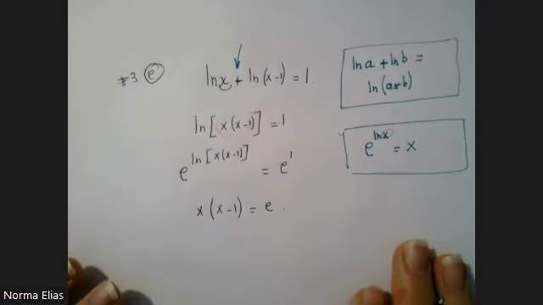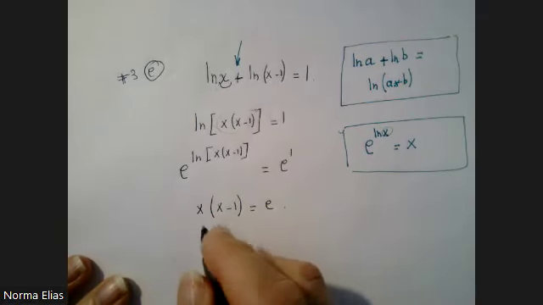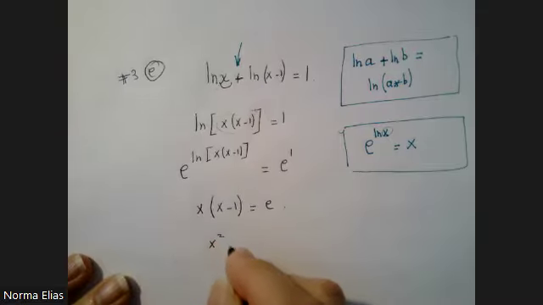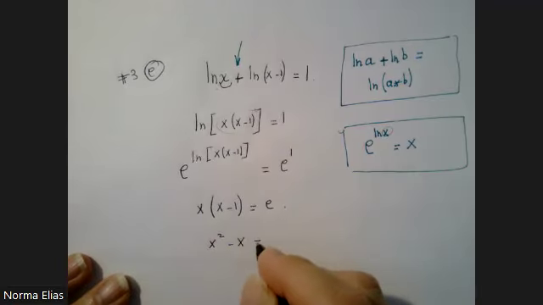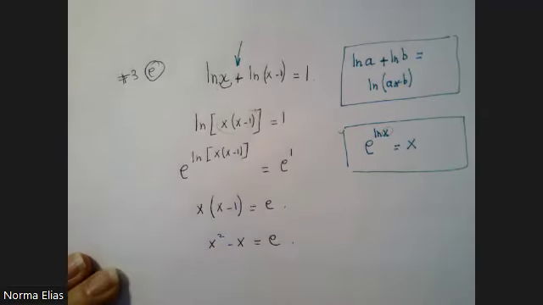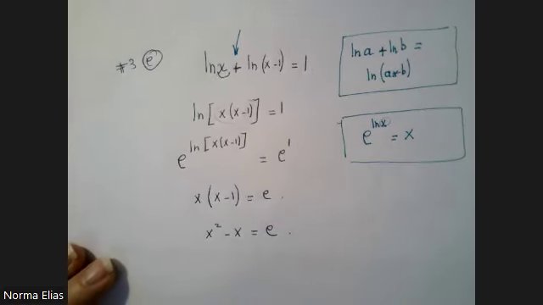And now I have to solve that. Okay, so this gives me x squared minus x equal to e. And how do you guys want me to solve this equation? Any ideas?